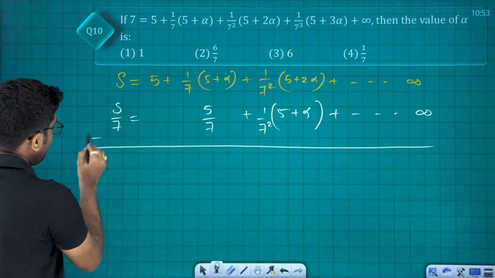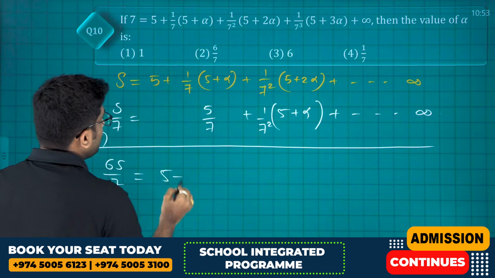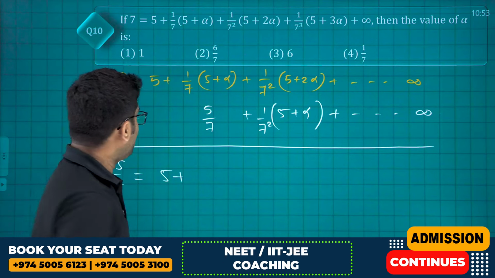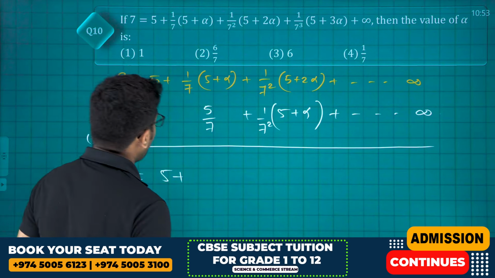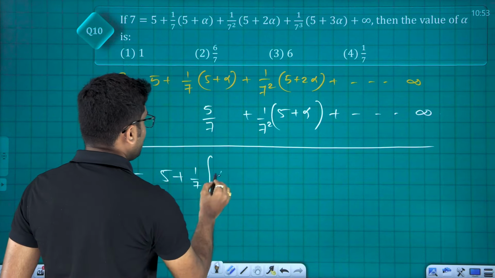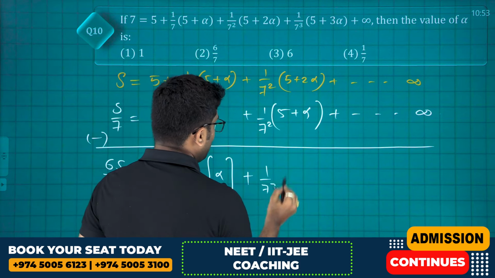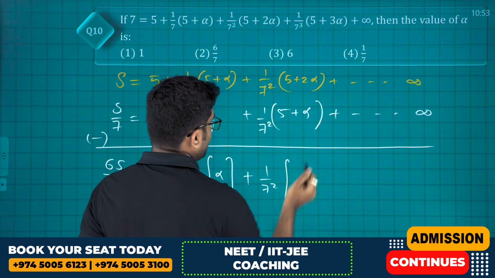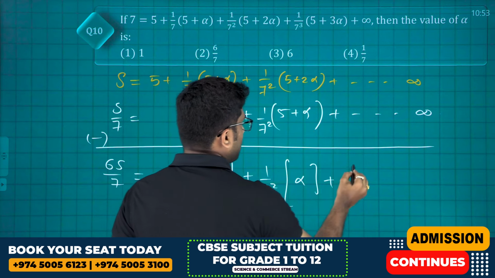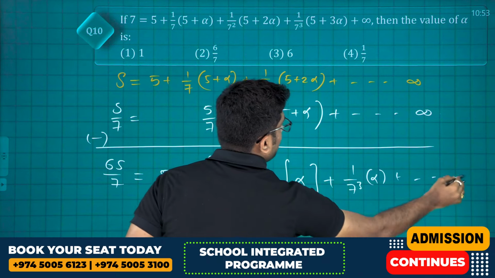S minus S by 7 will be 6S by 7, which equals 5 plus 1 by 7 times alpha, plus 1 by 7 square times alpha again, plus 1 by 7 cube times alpha, and so on up to infinity.